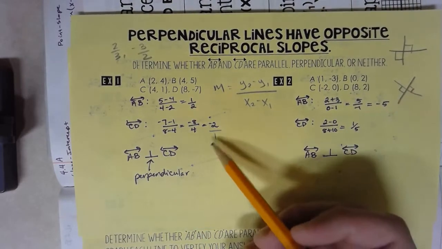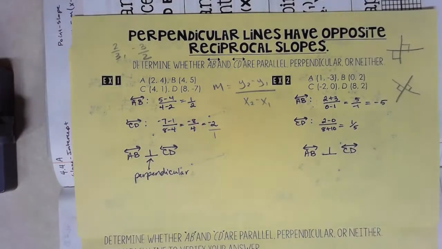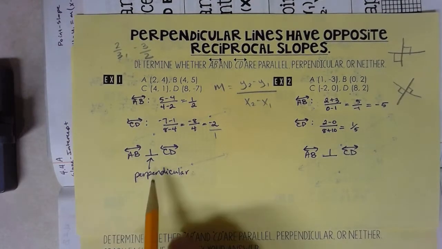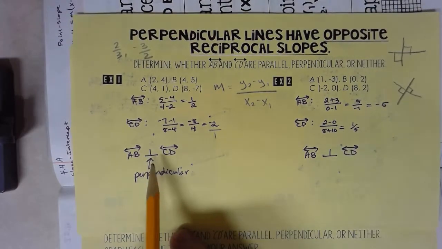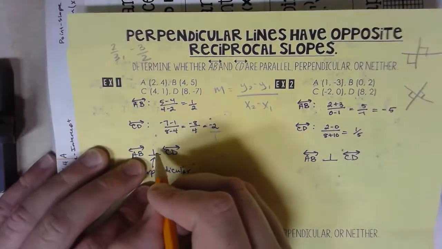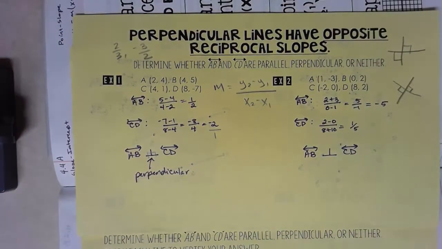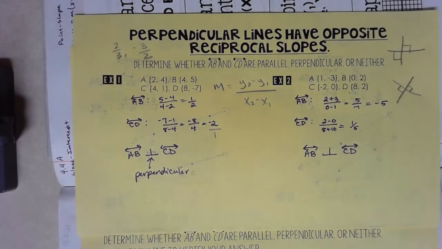If I flip 2, it looks like 1/2. So these two lines are going to be perpendicular with one another. And the way I'm going to write that is line AB is perpendicular, that's the symbol for perpendicular, an upside down capital T. It's that symbol because it literally creates right angles. So line AB is perpendicular to line CD.